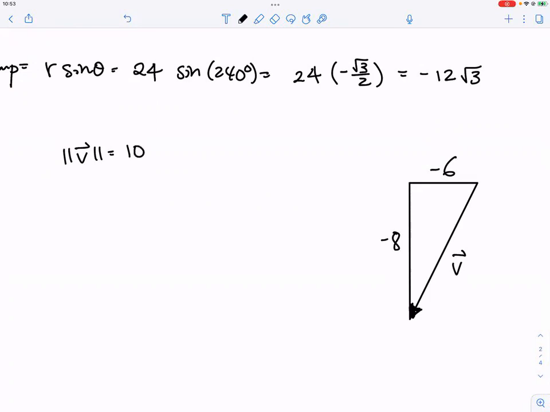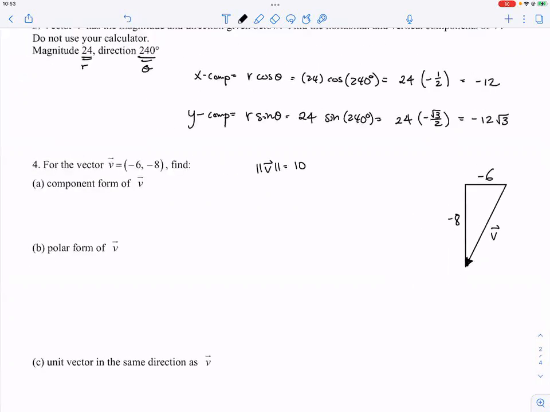The magnitude must be 10 because of the 3, 4, 5 triangle; you just double everything. For the component form, it's very easy: it's just minus 6i minus 8j. That's the component form.